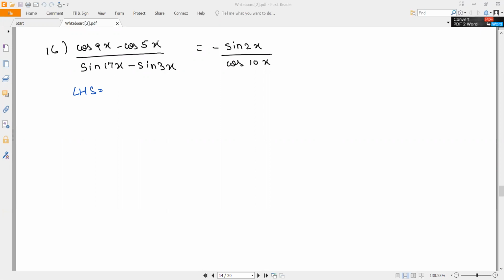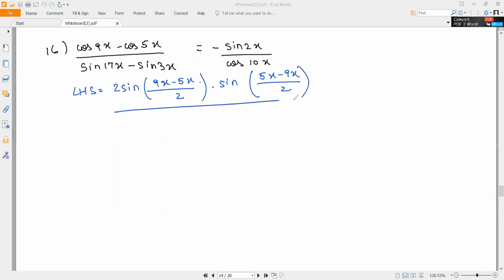Cos A minus cos B is 2 times sine of A plus B divided by 2 into sine of B minus A divided by 2, whole upon sine A minus sine B, which is 2 times cos of A plus B divided by 2 into sine of A minus B divided by 2.